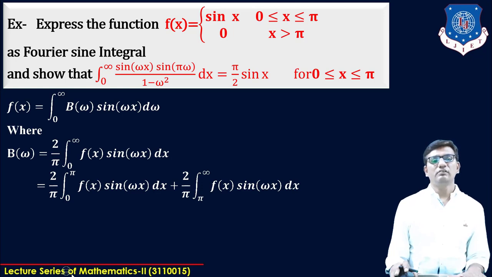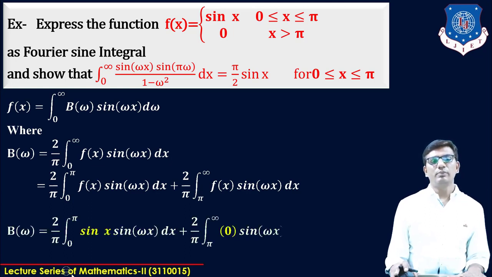So finally our b omega will be 2 by pi integral 0 to pi f of x sine omega x dx plus 2 by pi integral pi to infinity f of x sine omega x dx. Now b omega will be 2 by pi integral 0 to pi sine x into sine omega x dx plus 2 by pi integral pi to infinity 0 times sine omega x.